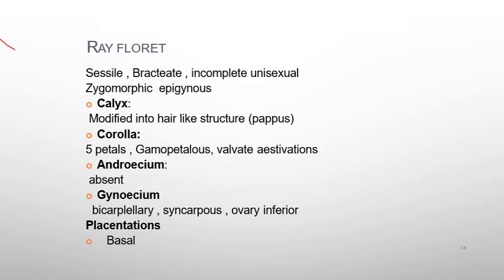As we already told you, the position of the ovary is the same as in epigynous form. The placentation of the ray floret is basal. It means the ovules attach to the base of the ovary.